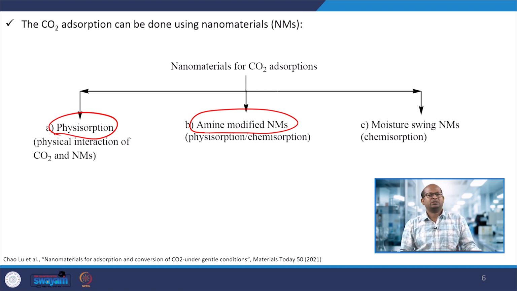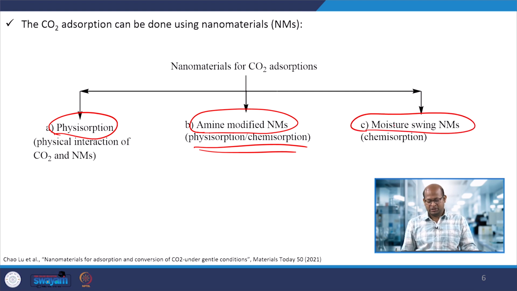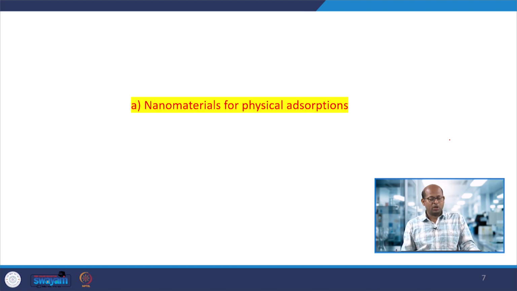Or we can prepare silica and modify it with amine functional groups. That would be helpful for capturing or adsorbing CO2. It may be physisorption or chemisorption, and there are also moisture swing nanomaterials. By that process we can also adsorb CO2, and that process is chemisorption. One by one we can discuss these processes.